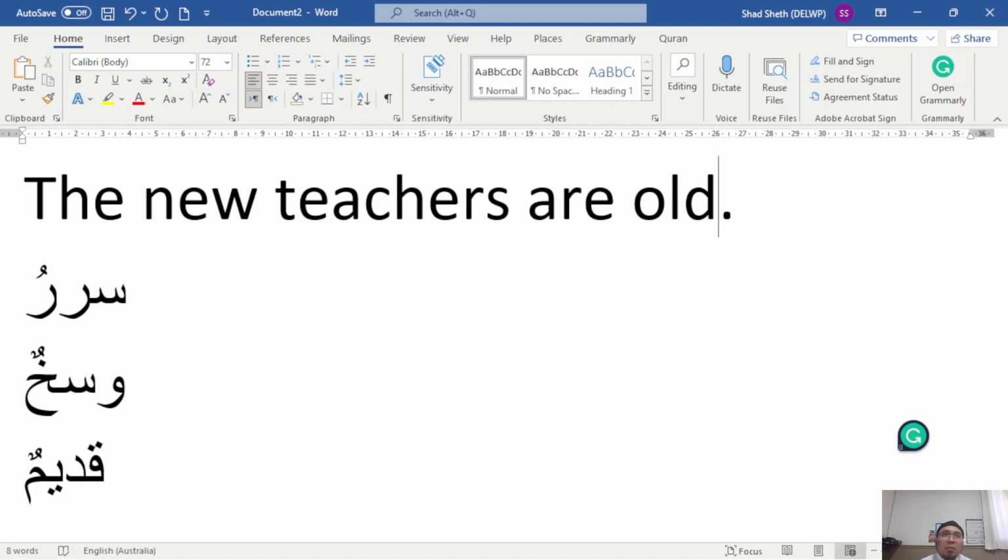There's no jadiduna, remember? Al-mudarrisuna al-judud. For old in the plural, it's qudama instead of qadimun. That's just a vocab thing, it's okay.